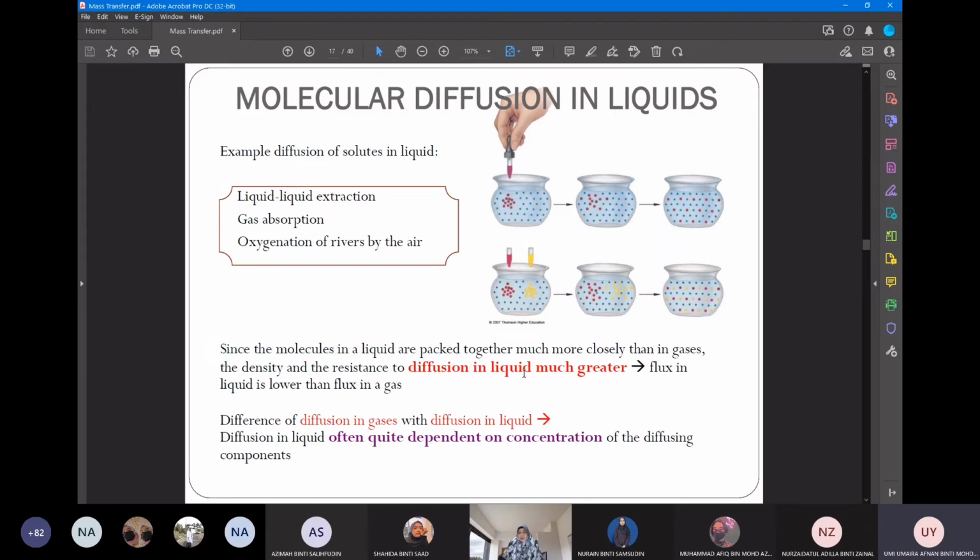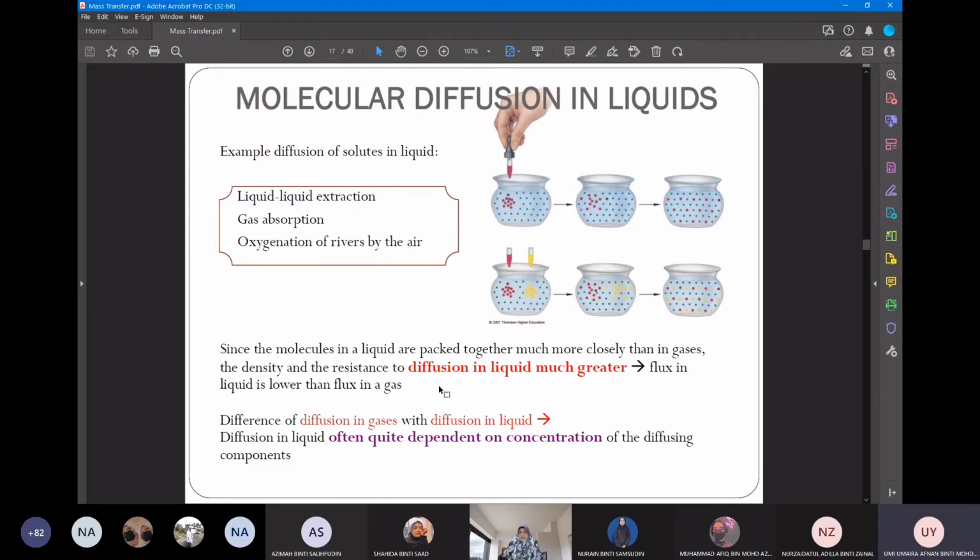When we talk about diffusion in liquid, flux in liquid is lower than flux in gas. Remember, I mentioned what flux is. Flux is the magnitude that you can calculate to explain the strength of diffusion.